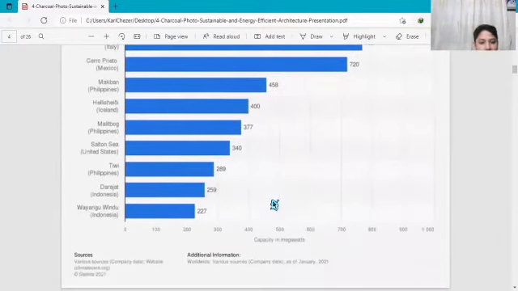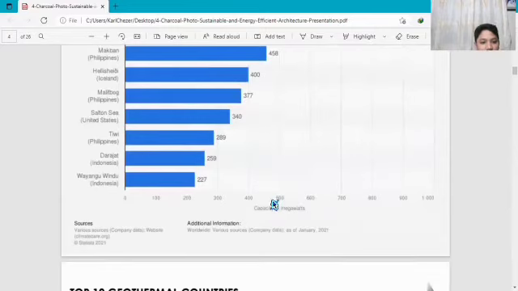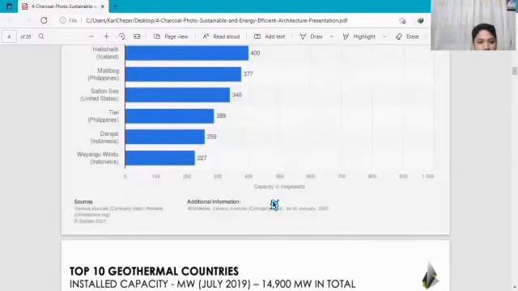Next, sa atin ulit sa Philippines, Malitbog. At ang pampito sa United States sa Salton Sea. At pangwalo sa Philippines ulit sa Tiwi. At pang-9 sa Indonesia sa Darajat. At pang-10 pinakahuli sa Indonesia sa Wayang Windu.